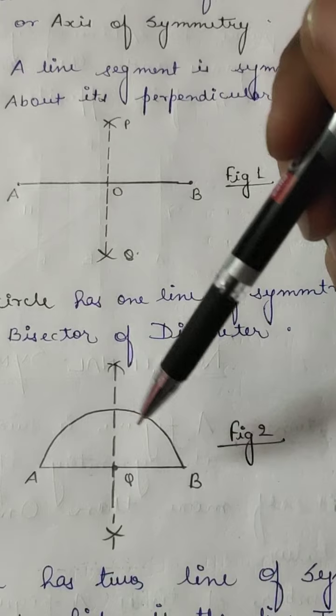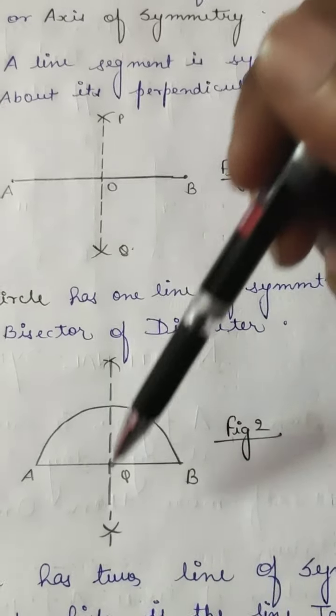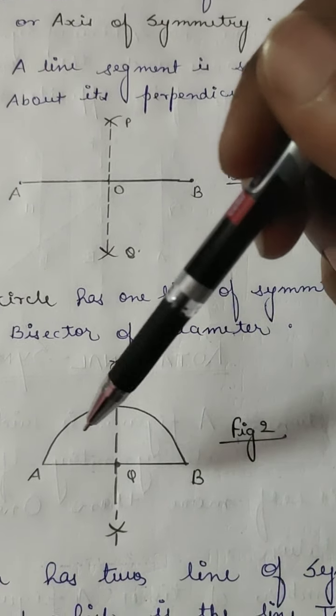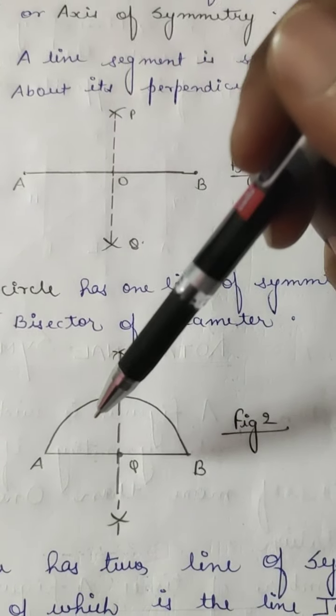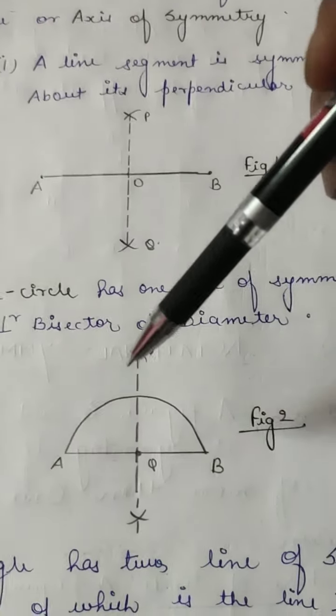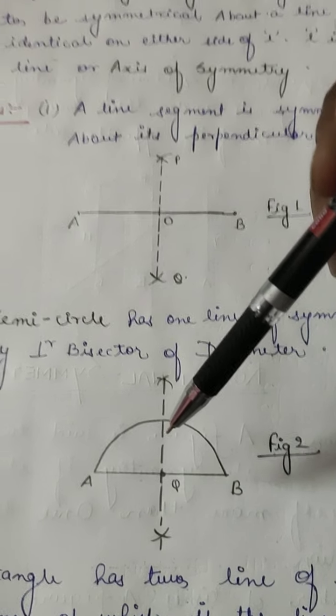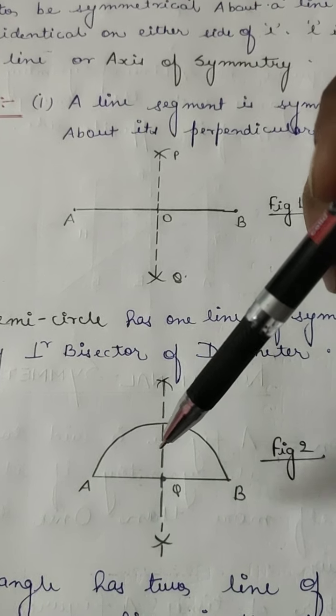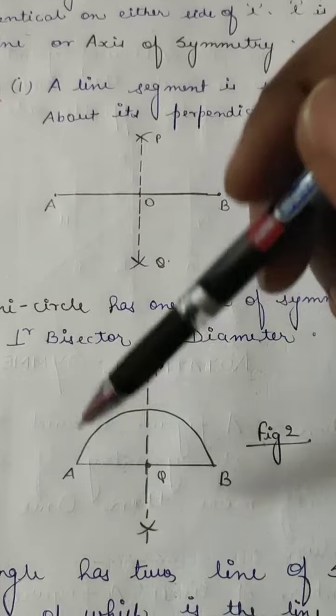If I try to fold this half about this line, then this half will completely overlap this portion. Therefore this is known as line of symmetry. Hence a semicircle has only one line of symmetry, that is about diameter. Clear?